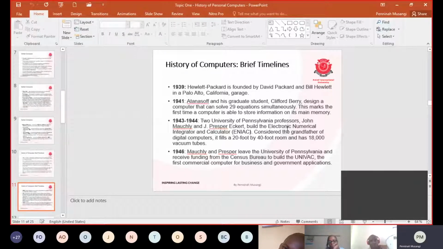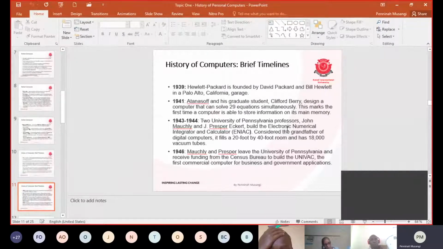1946, these two gentlemen left the University of Pennsylvania, and they were funded by the Census Bureau to build the second computer, which was called UNIVAC. And when they built it, this ushered in the time computers could be sold to businesses and to governments.